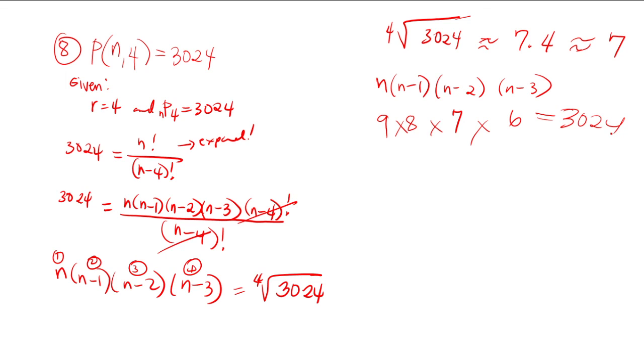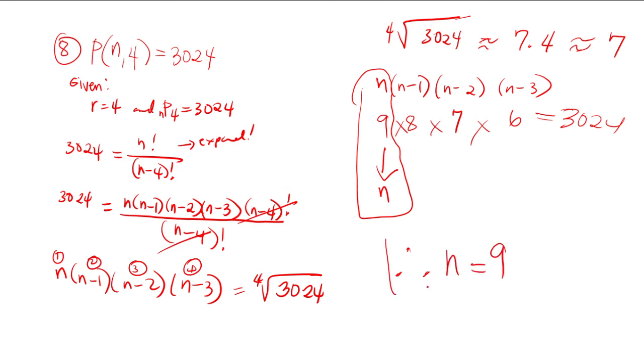Ulitin natin. 9 times 8, 72 times 7, 504 times 6, 3,024. Nakuha na natin yung gusto natin. And then, this is now the value of n. So, therefore, n is equal to 9. Okay? So, ganun isolve yung number.